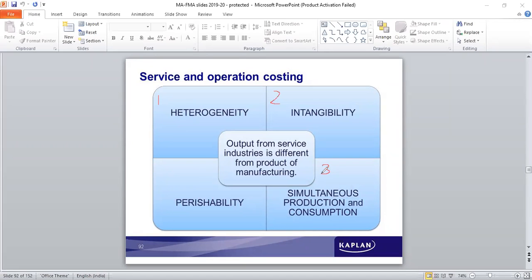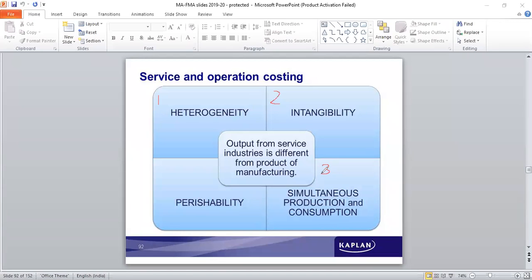Is that possibility? No. If it is not consumed simultaneously, it perishes. If the accommodation is not utilized by the customer, then it perishes. It cannot be carried forward to the next day.